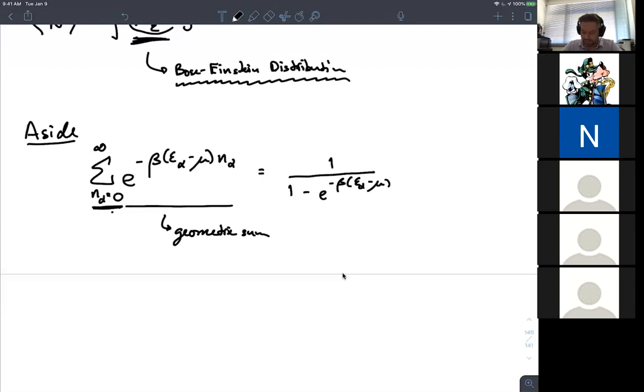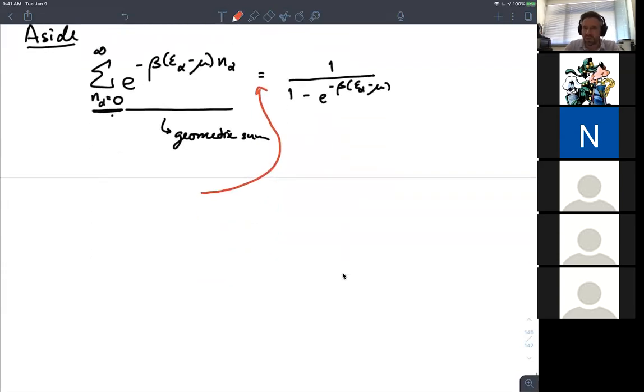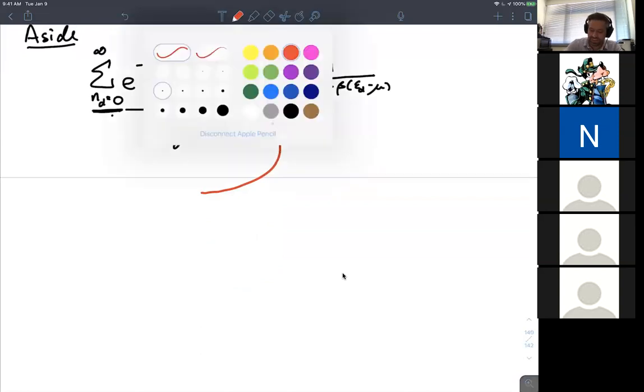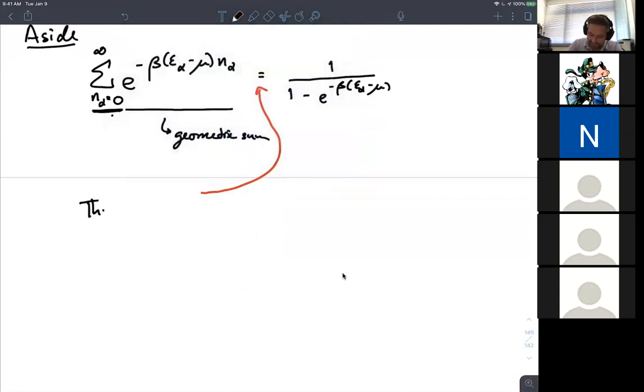All right. Now, there's a problem. The problem is this equal sign is only true under a certain set of circumstances. Okay, so this sum does not always converge. All right, this sum only converges if ε_α is greater than μ, right?